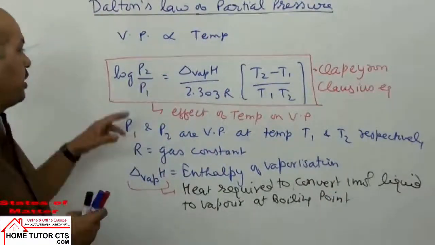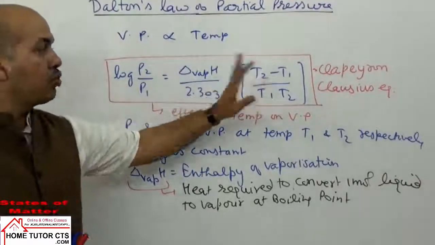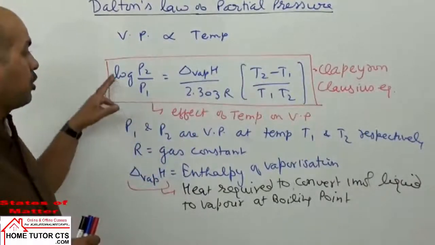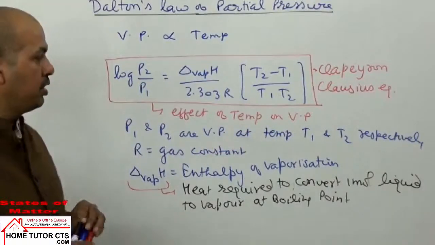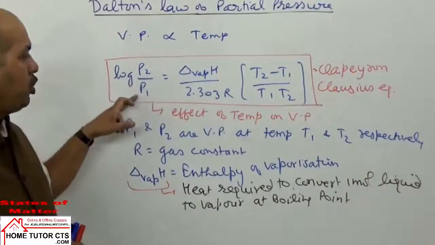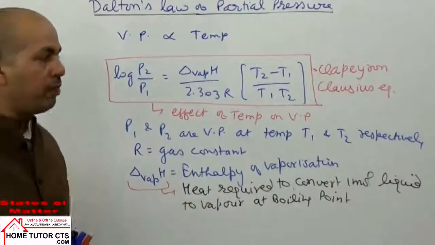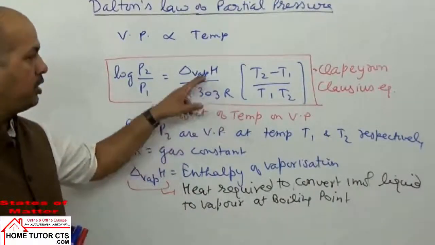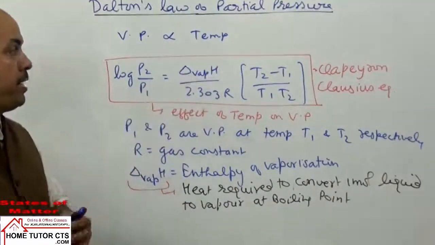This expression taken here is called Clapeyron-Clausius equation. This equation gives effect of temperature on the vapor pressure of the liquids. P1, P2 are the vapor pressure of liquid at T1, T2 temperature. R is gas constant. It is called enthalpy of vaporization. Meaning what?